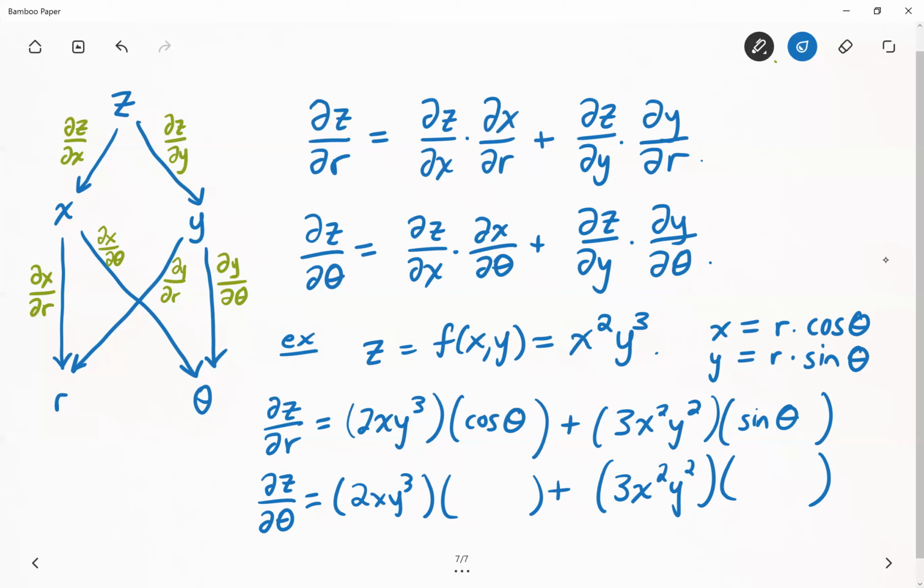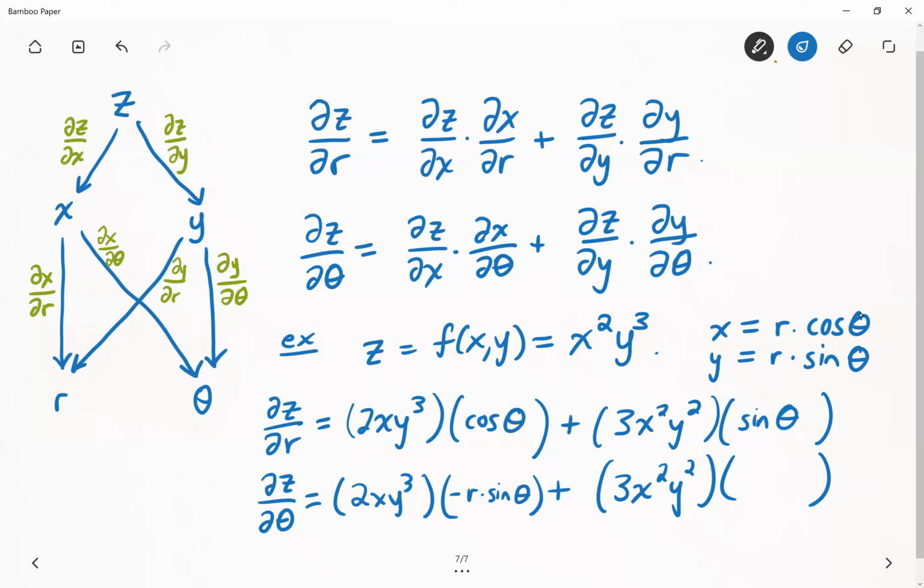And now, in this first empty set of parentheses, we need the partial derivative dx d theta. And so we look at our function of x, and now we're treating r like a constant, and theta is the variable. The derivative of cosine theta is negative sine theta. So the derivative of a constant times cosine theta is negative constant times sine theta.